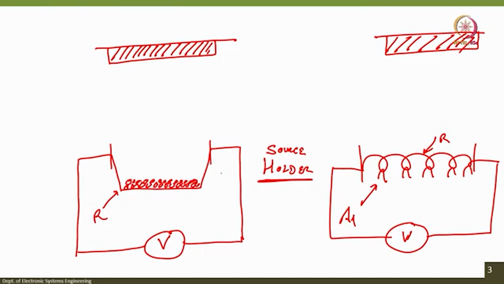When current passes through, there is I square R heating, which is called Joule's heating. Because of the Joule's heating, the material loaded onto the boat will melt, and finally after melting it will start evaporating.